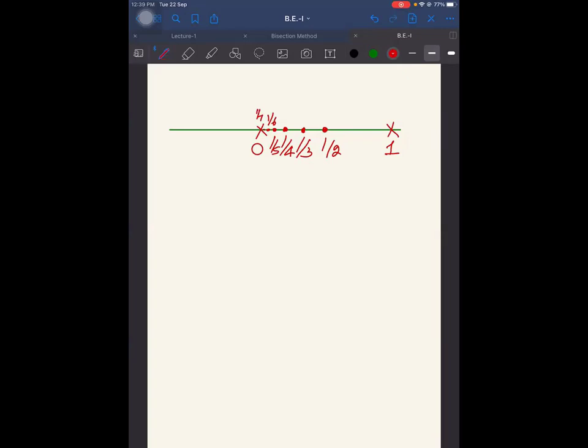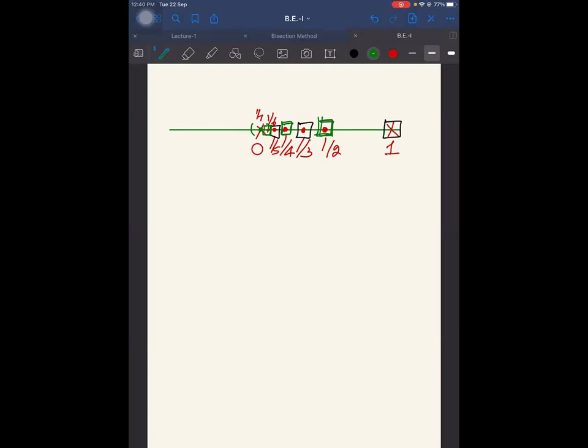If you discard a few terms, let's say you discard 1, 1 by 3, 1 by 5, and pick only 1 by 2, 1 by 4, 1 by 6, still the terms are going towards 0. The cluster at 0 will not change. So if you discard a subsequence from it, the remaining subsequence will also be convergent.